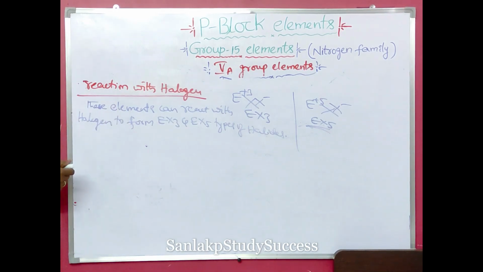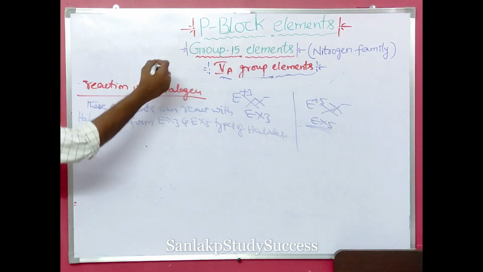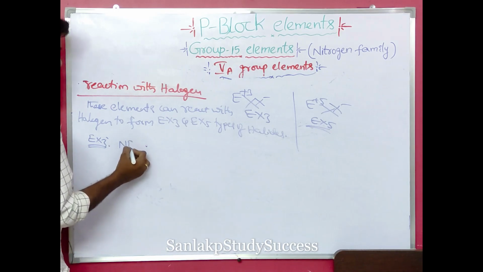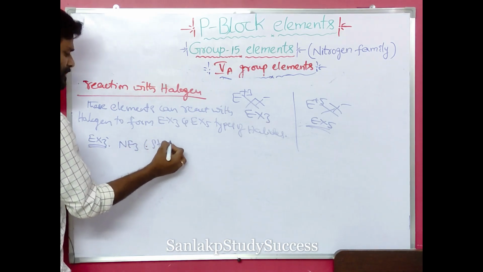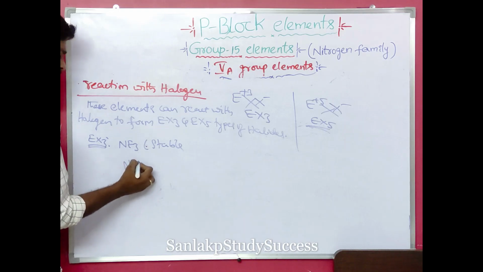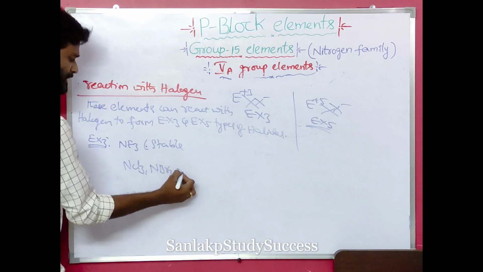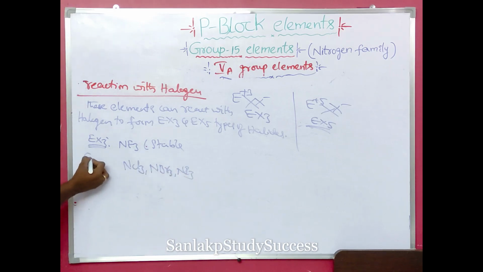Okay. Now, in EX3, NF3 is stable. But NCl3, NBr3 and NI3 are explosive, that means they are unstable.